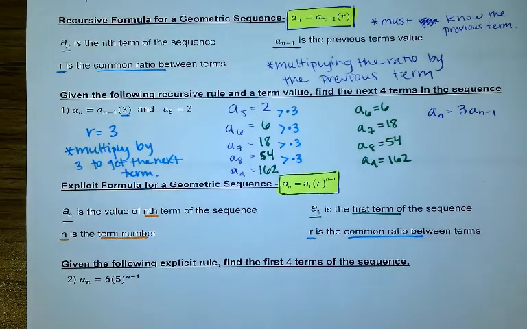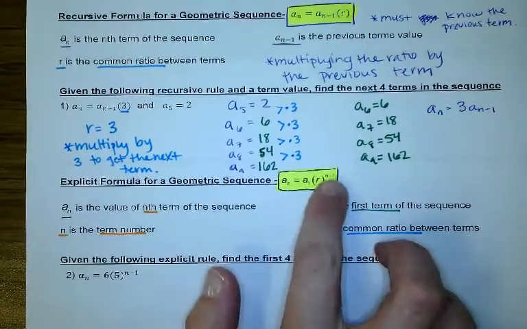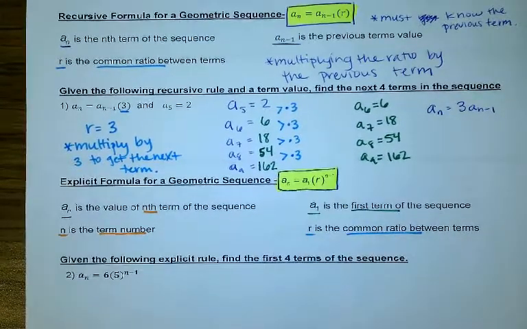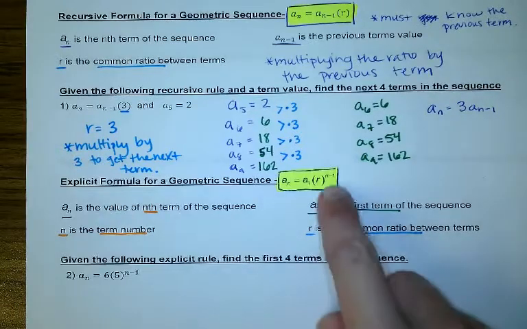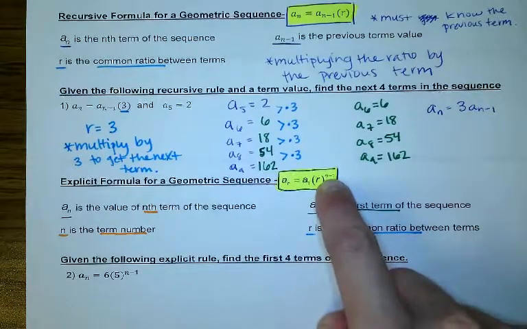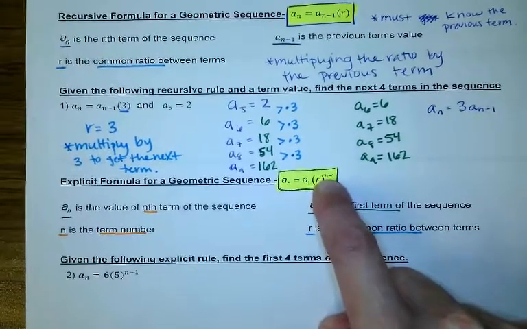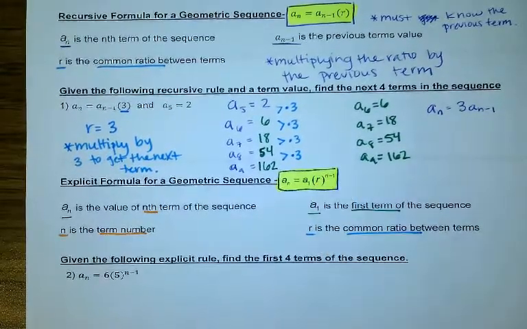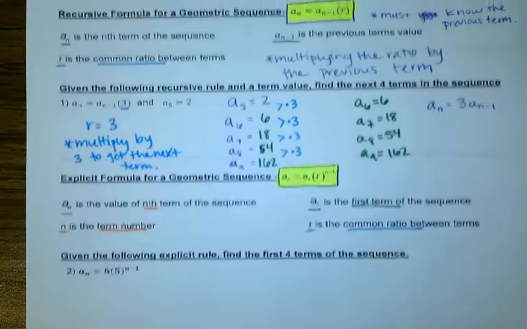So it grows exponentially, and you'll see, for the first time we're dealing with equations that have unknown variables in our exponents. So this explicit rule for the geometric sequence is an example of an exponential function. Alright, guys? So this is our explicit formula.